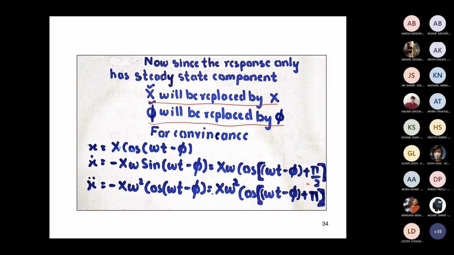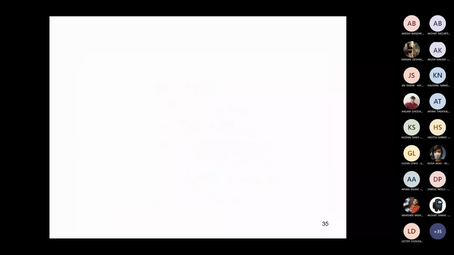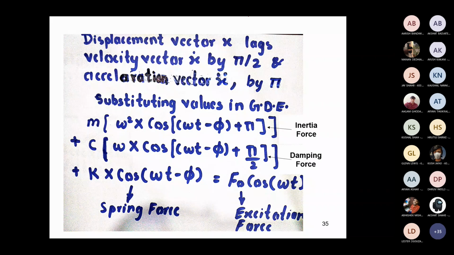So the velocity leads the displacement by pi by 2, and acceleration leads the velocity by pi. Now we can make a vector plot. Displacement lags velocity x dot by pi by 2, and acceleration x double dot by pi.